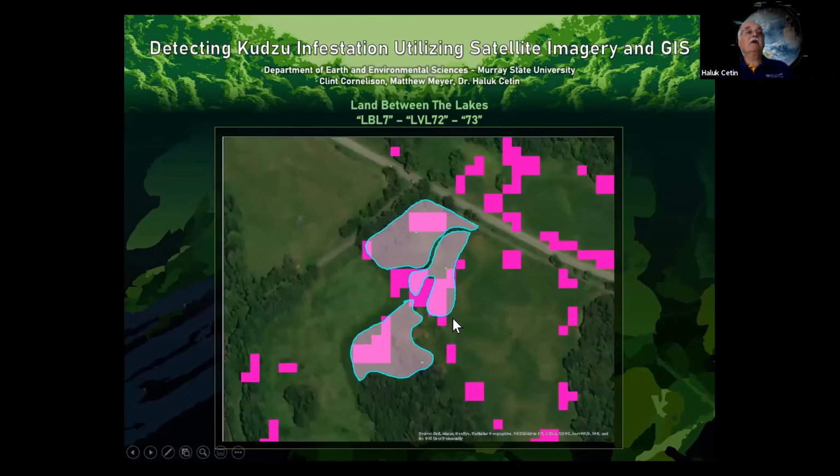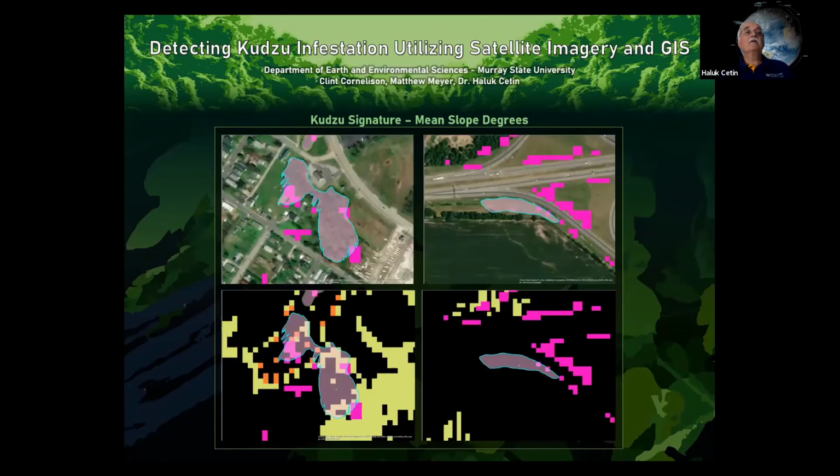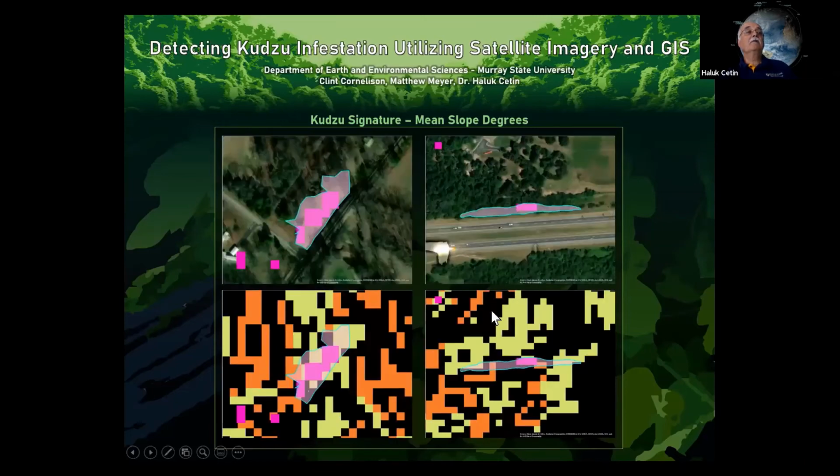This is a higher resolution aerial image, and these are the Sentinel pixels over the aerial image. These are some of the other locations, especially near highways and interstates. He could locate some of them, but of course there were probably some false alarms too.